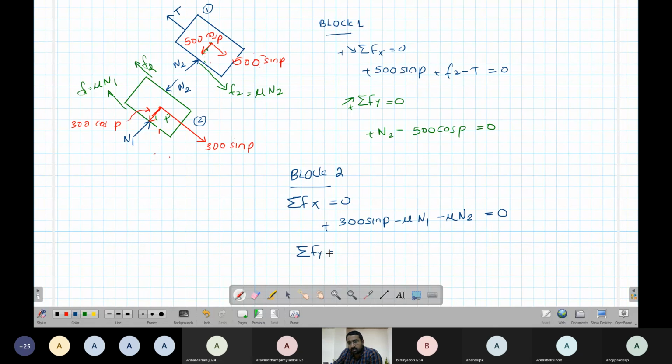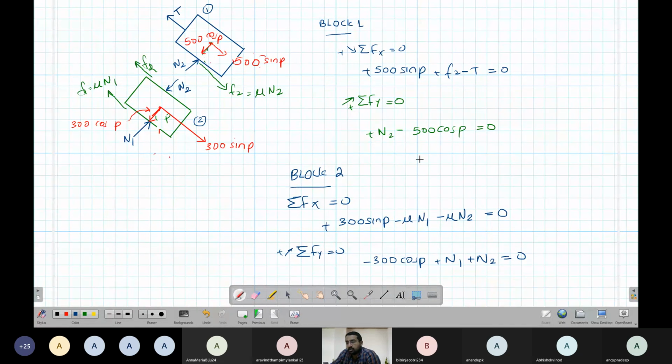Summation of forces in the Y direction should be equal to 0. Y direction idana. So this is positive. Ingotu positive ആണ്. So that is we have minus 300 cos P plus N1 plus N2 should be equal to 0.